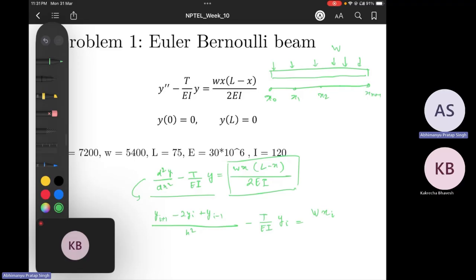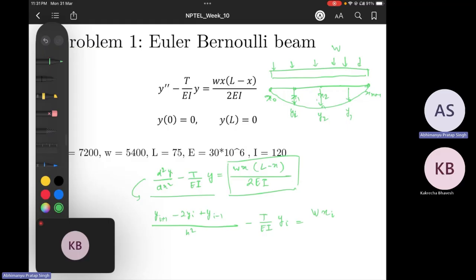And yi is how much displacement the beam has. Suppose the beam displaces like this. So this is my y1, this is my y2, this is my y3, and likewise.